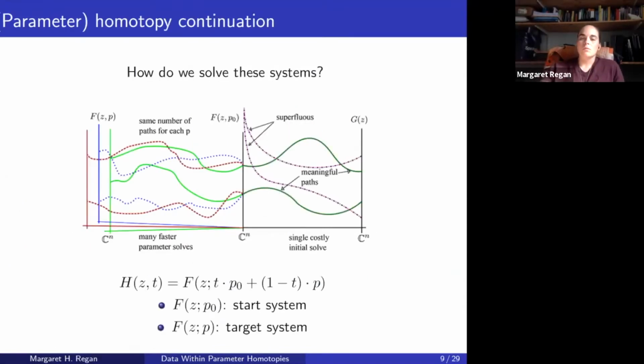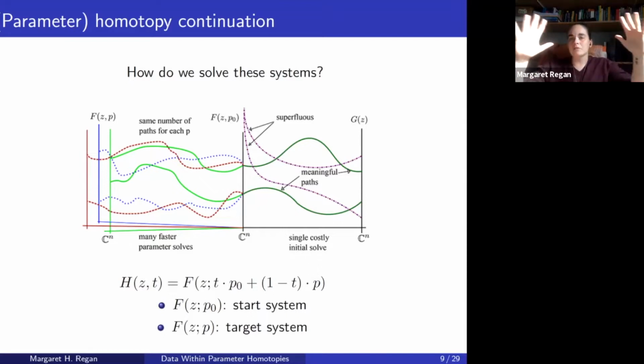And so why do we do this? So you're like, okay, now you have to do 2 homotopies instead of just doing the homotopy to the parameter points that you want. Well, the problem is that for these parametrized polynomial systems, if we think back to our computer vision example that I talked about way at the beginning, we're going to be given lots of parameter points for many different camera pictures, right? So we're going to want to solve it for a parameter point A, for a parameter point B, C, and so on.